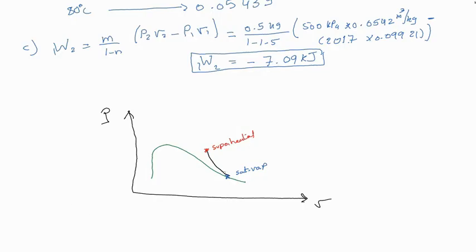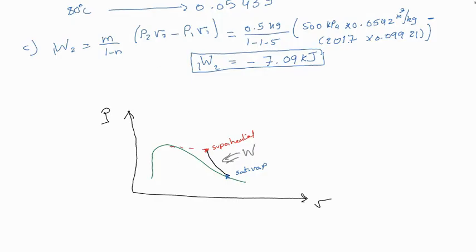So for us to have gone from this saturated vapor state to superheated, work was added. And the work amount added was a negative 7.09 kilojoule. As a result of this, we have reduced the volume and increased the pressure.